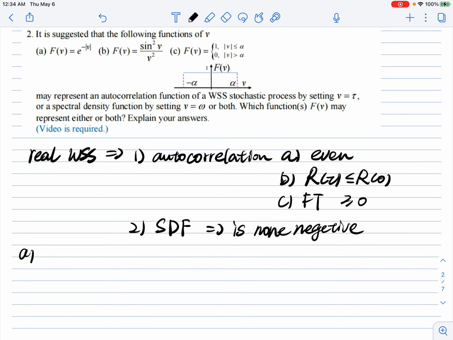It is even, obviously, because there is an absolute value inside this function. And we can know that when v is negative or positive, they are all the same.